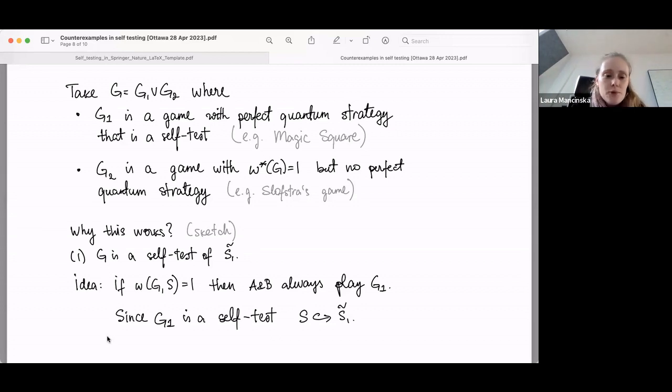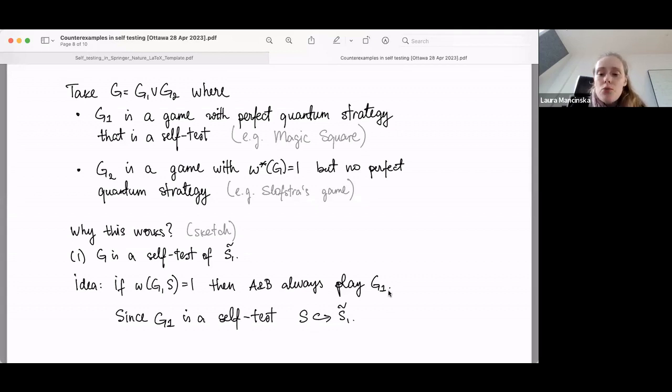Why does it work? Well, if I have a strategy S that achieves perfect success in my OR game, then because this game G2 does not have any perfect quantum strategy, it turns out that Alice and Bob always need to play this game G1.